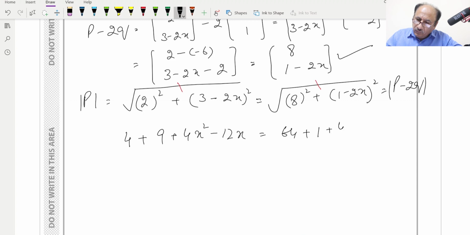So this will be 4x squared and minus 2 into 1 is 2, 2 into 2 is 4, so 4x, and this will be the final equation.